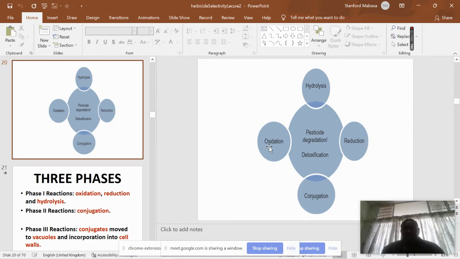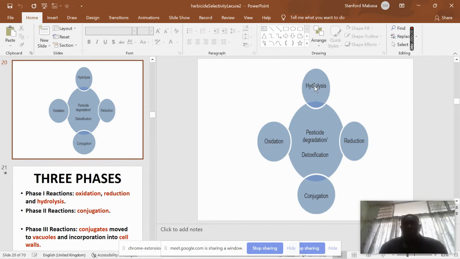Now, I will spend a bit of time on oxidation because there are about 5 processes under oxidation influenced by a very important enzyme, known as the cytochrome P450 monooxygenase.